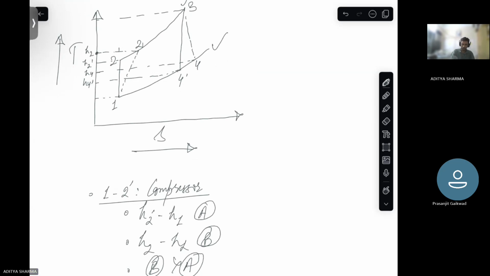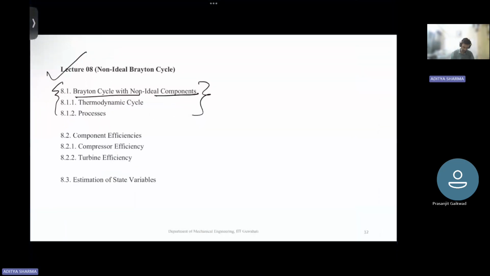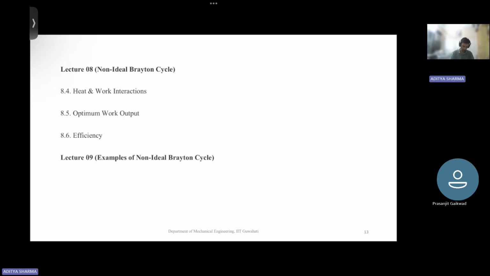So around this, the topics have been discussed. Be it your component efficiency, compressor efficiency, turbine efficiency, based on the enthalpy zone. Then estimation of state variables: what are the knowns, and from those knowns, what can we find out? Then your heat and work interactions.